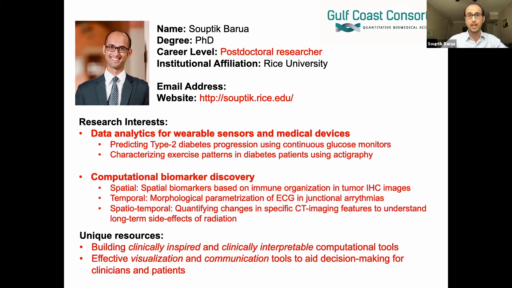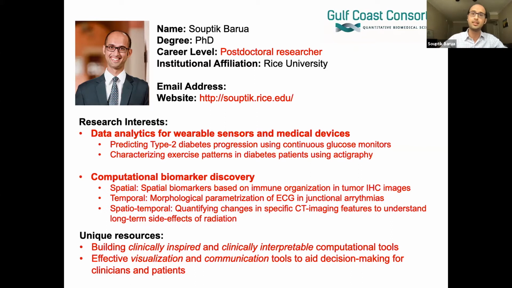What I like to build are clinically interpretable computational tools, and the tools themselves are clinically inspired. If you want to detect, let's say, certain morphological features in an ECG, then the techniques we build are geared towards that, as opposed to a one-size-fits-all computational tool.